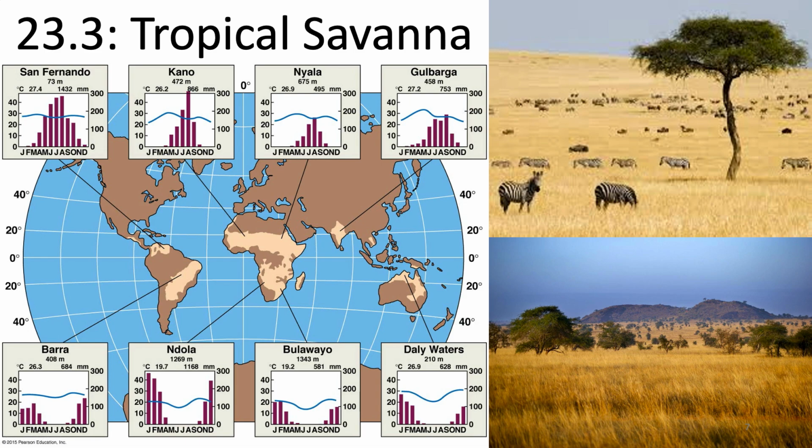The mean monthly temperatures usually don't fall below 18 degrees Celsius, but it can get colder in the winter months when you're at higher altitude sites. The seasonality occurs at the end of the wet season, when you see a change in some of the vegetation.